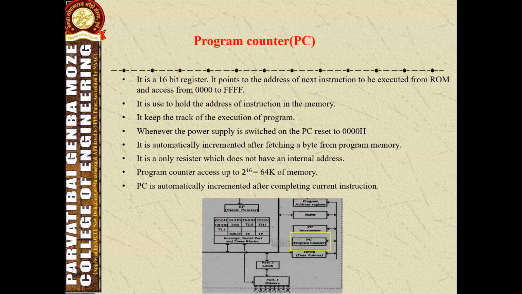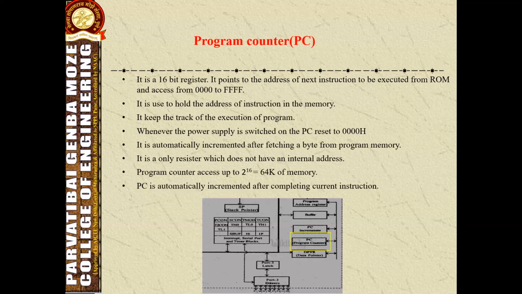This is the main task of the program counter, and it is only a single register which does not have any internal address. The program counter can access up to 64K of memory, and is automatically incremented after completing the current instruction.